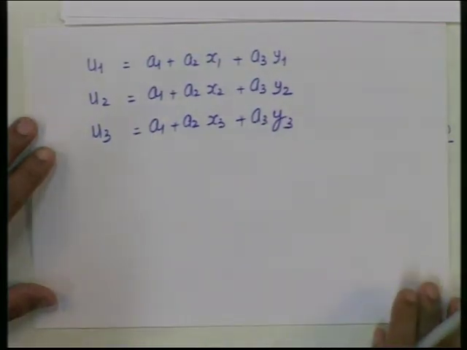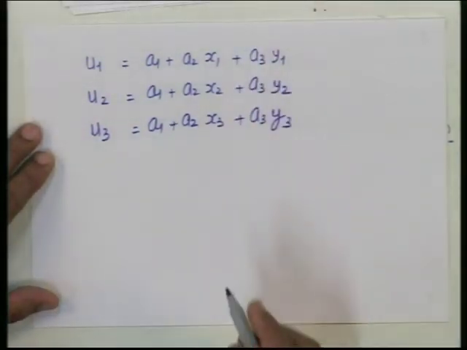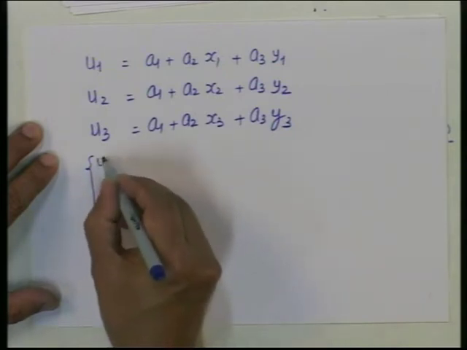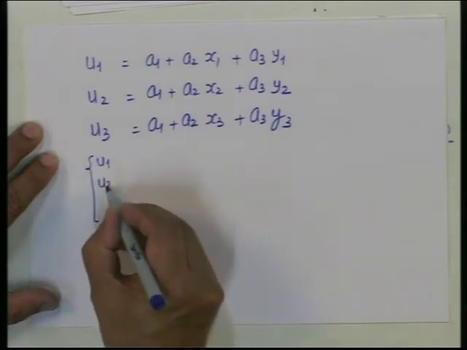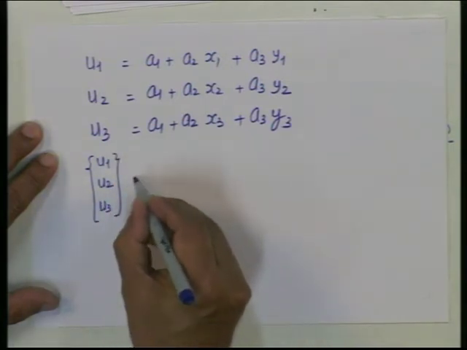So, there are 3 equations and 3 arbitrary constants a1, a2, a3, which can be found out. On the left hand side we have a vector of nodal displacements U1, U2, U3 in the x direction.